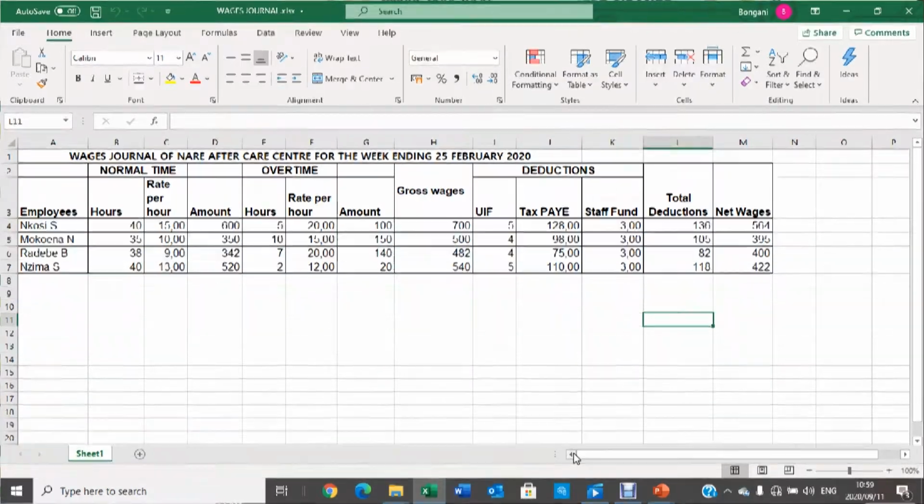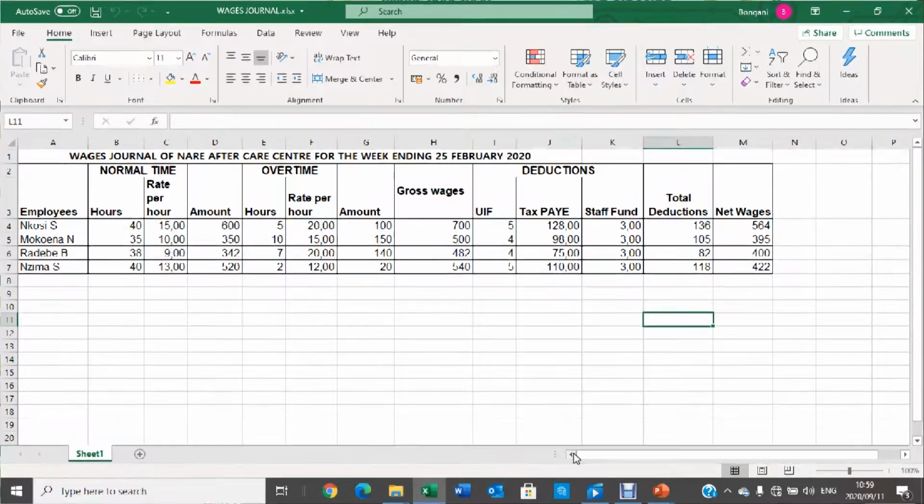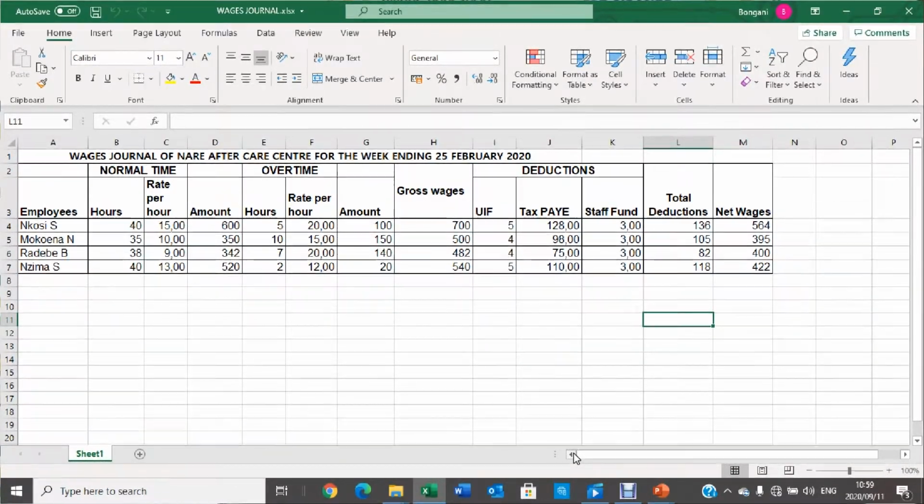We go to our last employee, which is Nzima S. The hours are 40, and the rate per hour is 13 rand. For us to get the amount, we say 13 multiplied by 40 hours, and then we get 540.